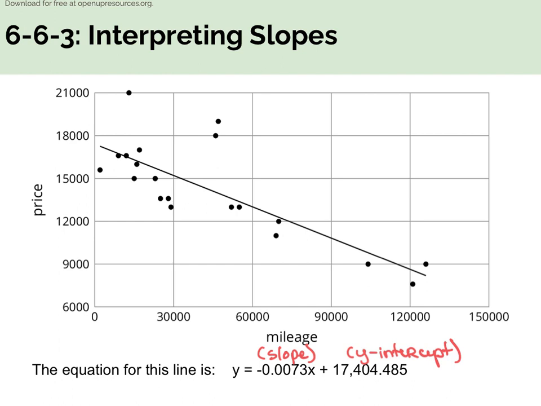This slope tells us that the price is going to go down 0.0073 cents per year. Since it's negative, this is probably the price of a car, which means as the mileage goes up, our price is going to go down. So it's actually $0.0073 for every mile on the car.